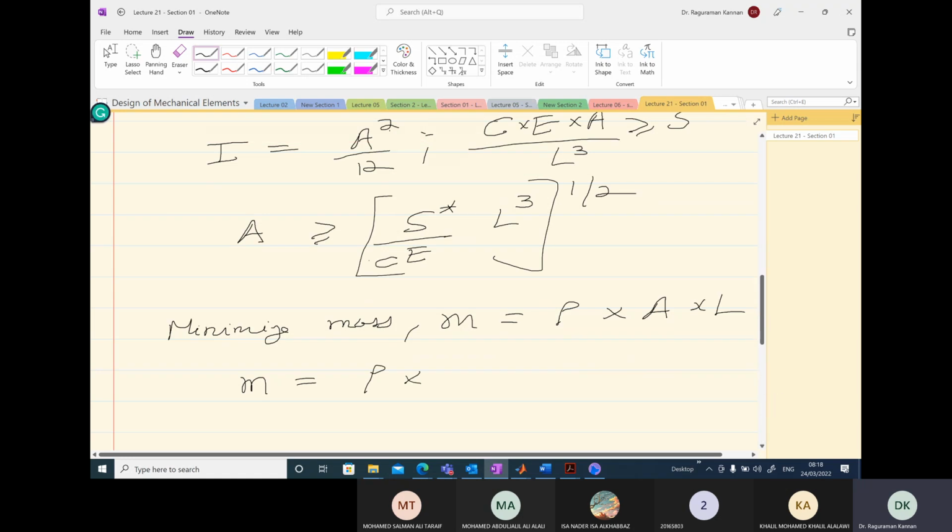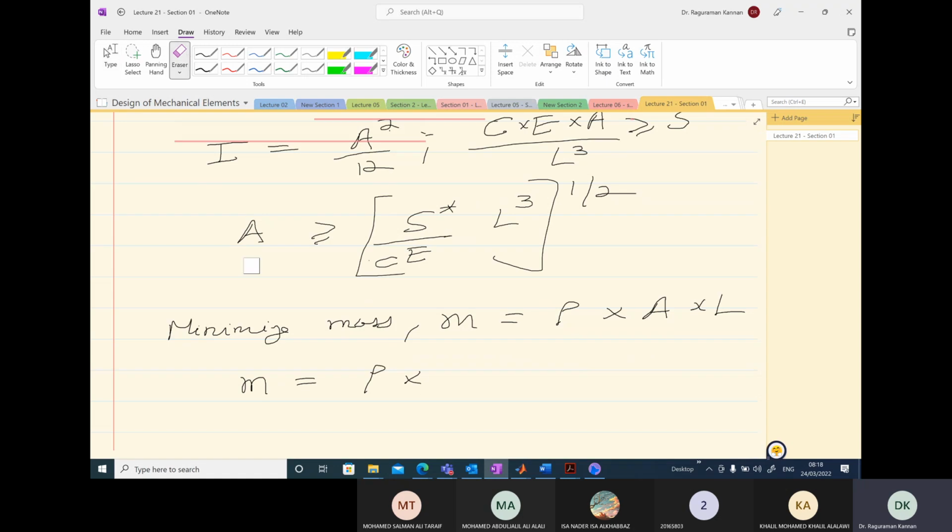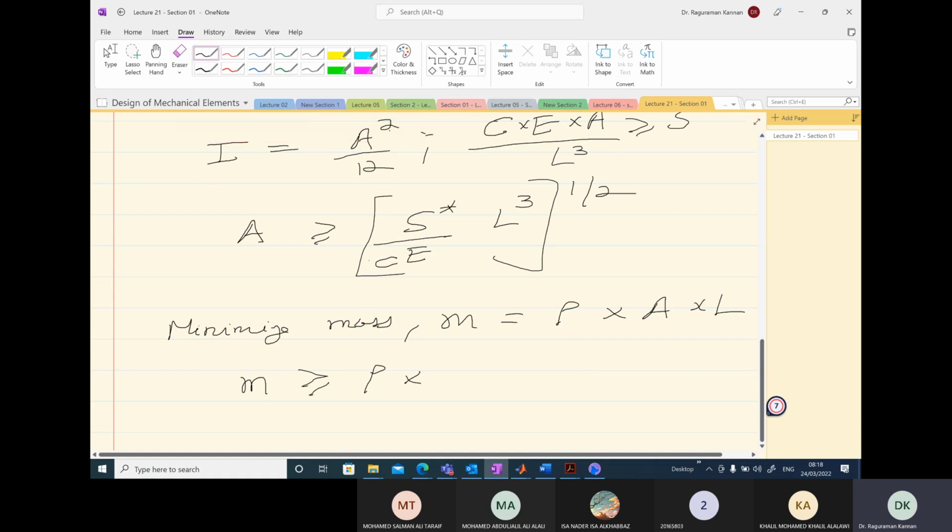A we can replace. So since A should be greater than or equal to, now instead of writing the equal to sign here, we can say M is greater than or equal to rho times S star over C, L cube raised to the power 1 over 2 times L.